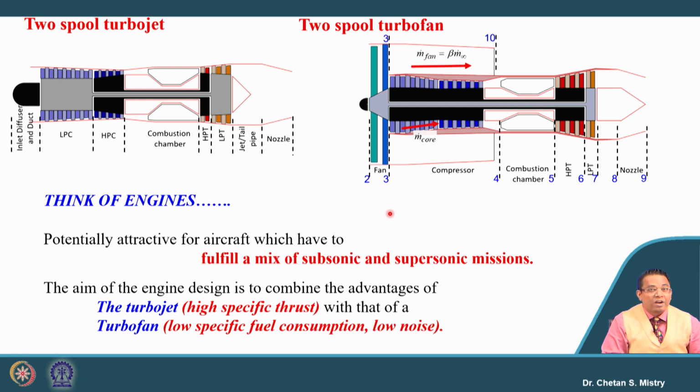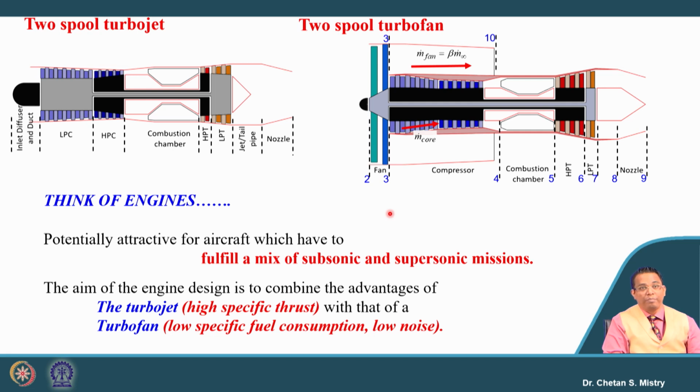So we are now moving towards the development of a new kind of engine where we will try to enhance performance, the same engine working under two different categories. As per our requirement, it will work as a turbojet engine. As and when required, I can use it as a turbofan engine. Oh, is it possible?